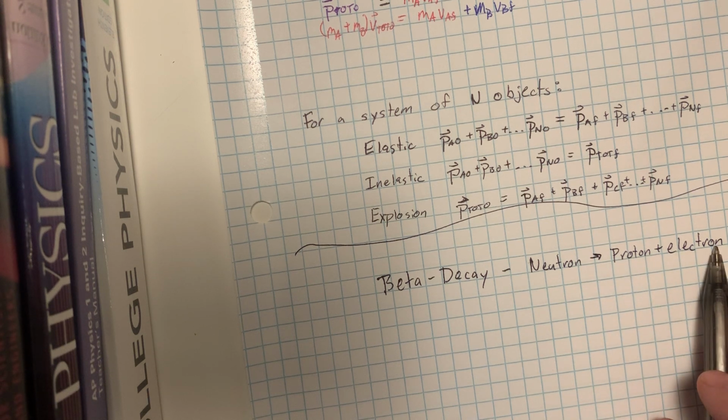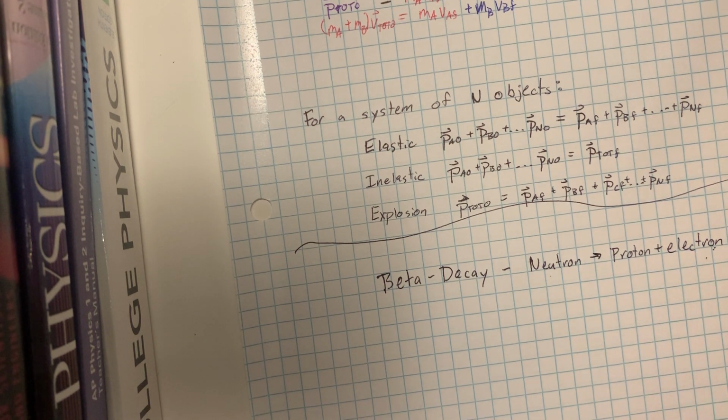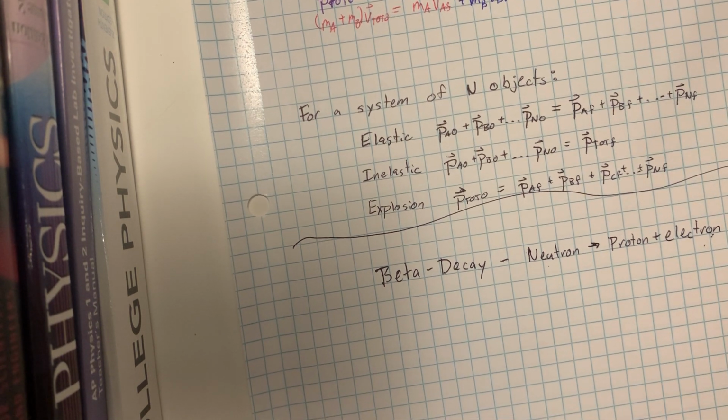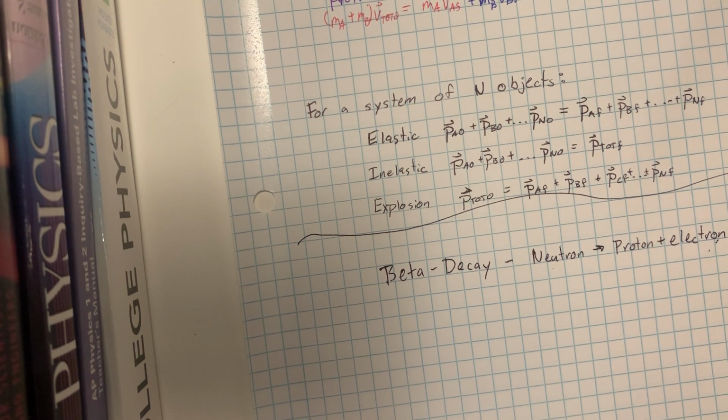This does not violate charge conservation, because we have 0 charge here, +1, -1. Charge conservation is fine. What we would find later on is that lepton number is not conserved, but you don't know that because you don't know what a lepton is.